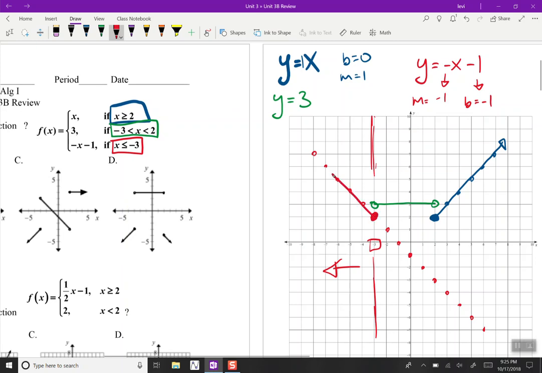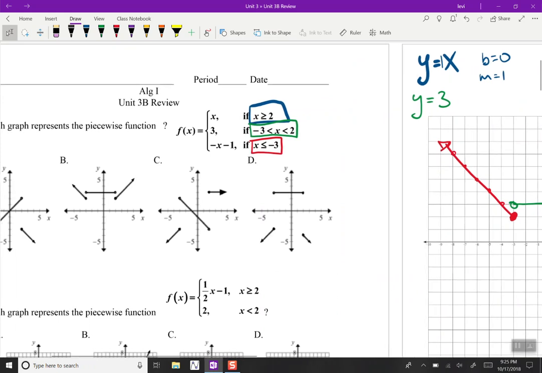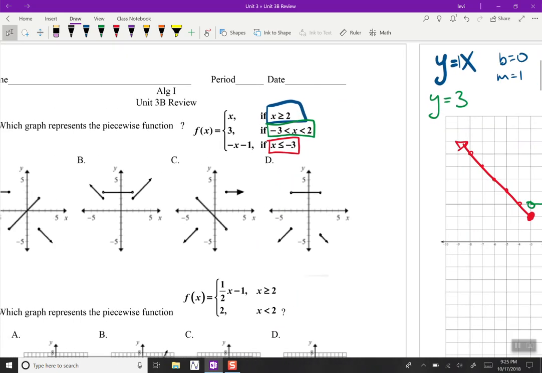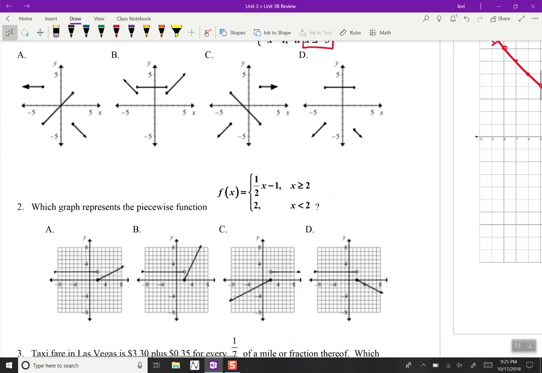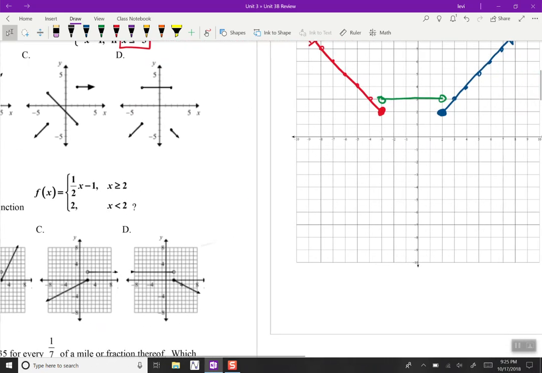And I just want the values to the left, so I'll continue my graph this way. We don't want anything to the right, so we'll erase all those points. And so that is what our piecewise function would look like. And we can see it looks like B, doesn't it? And it is B.